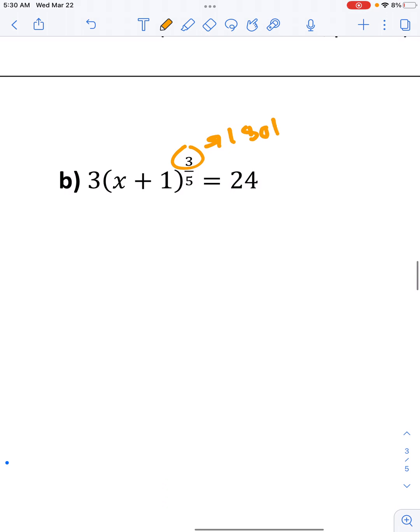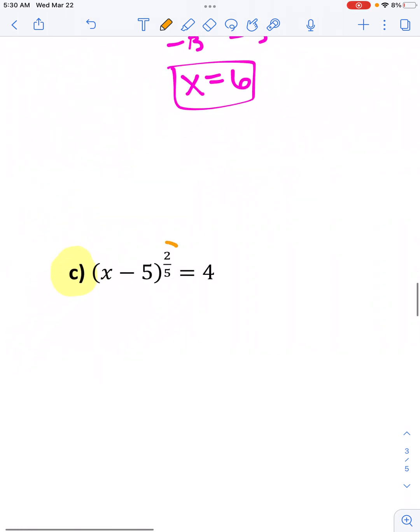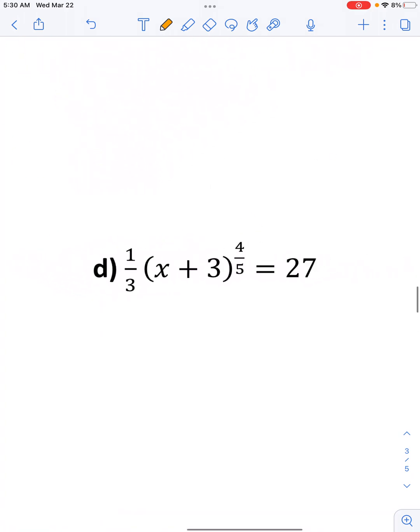But if the exponent is even, there's going to be 2 real solutions that I should look for. And that'd be the same for this one. So if you don't remember why that is, you can go back to the first lesson of this chapter. We talked about how an even or odd exponent affects the number of real solutions.